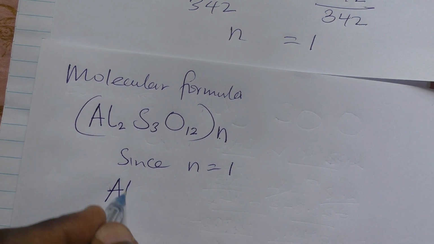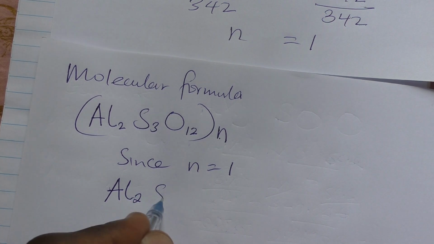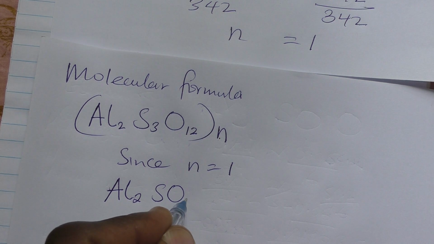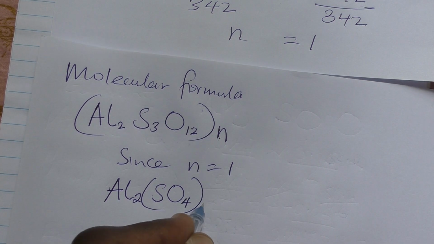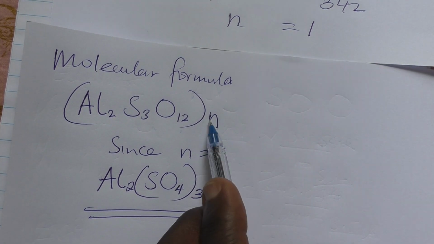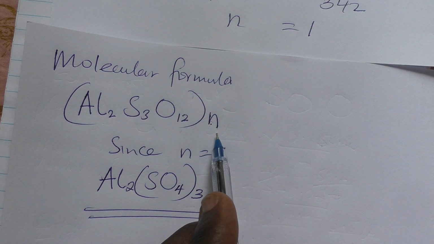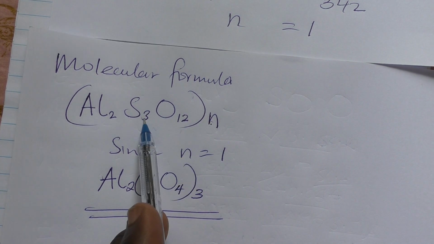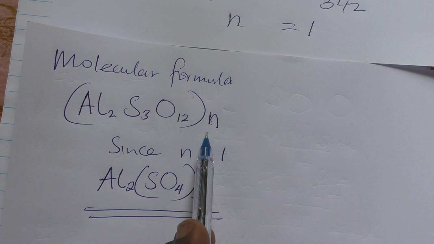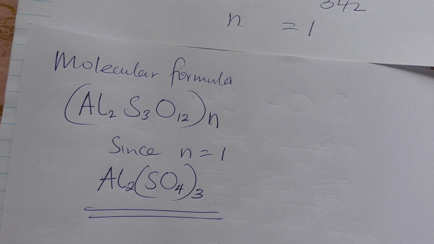So that gives us a final formula of Al2(SO4)3. So that would be the molecular formula. Otherwise, if n was any number apart from 1, then that number would multiply these ones. So assuming n was 2, we would multiply this to 4, this to 6, and this to 24. So that's how we get the molecular formula.